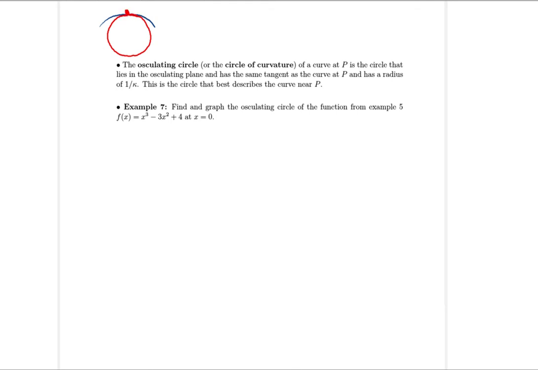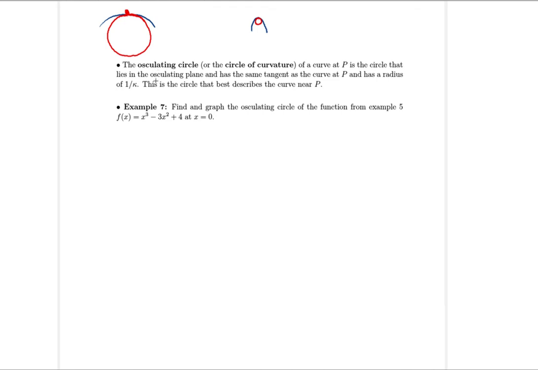So we have a particular circle that would be just barely tangent to this point. But if I had a part of my curve with a lot higher curvature, then that same kind of circle that's just barely tangent would have to be a lot smaller. So this is what we call an osculating circle.